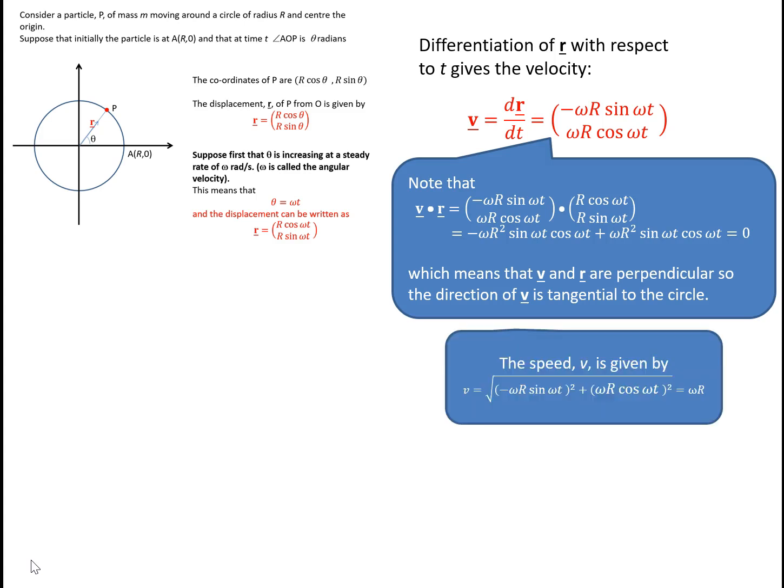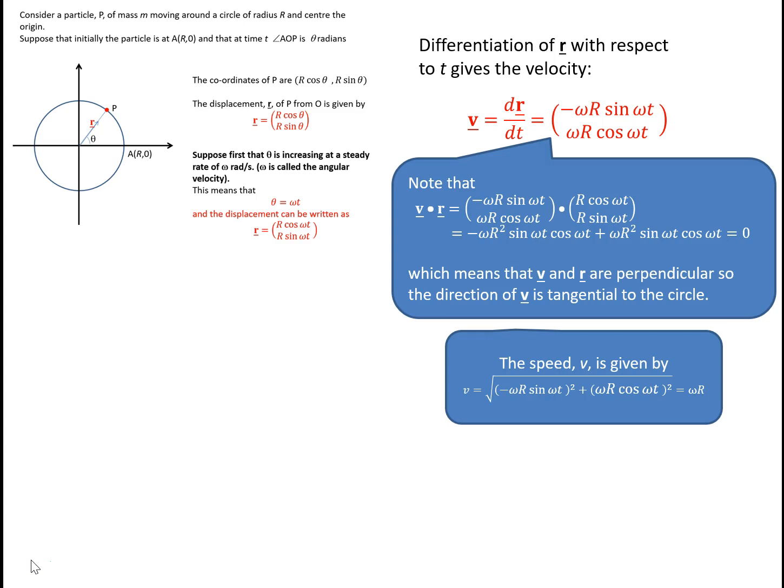We can also work out the magnitude of the velocity. In other words, we can work out the speed. So the speed is the magnitude of the velocity, which is the magnitude of the vector (minus omega r sin omega t, omega r cos omega t), and that is simply the square root of (minus omega r sin omega t) all squared plus (omega r cos omega t) all squared.